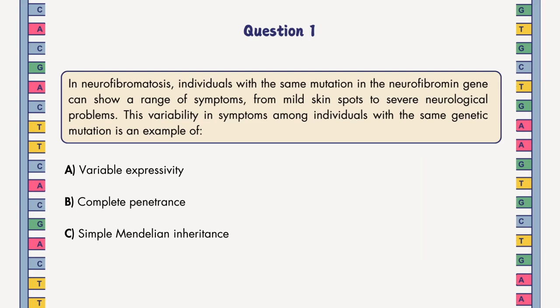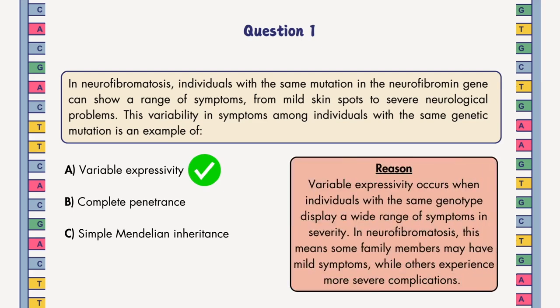The correct option is option A, variable expressivity. This is because variable expressivity occurs when individuals with the same genotype display a wide range of symptoms in severity. In neurofibromatosis, this means some family members may have mild symptoms while others experience more severe complications.